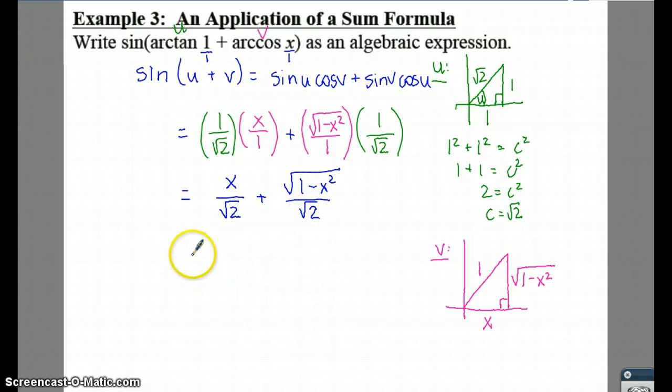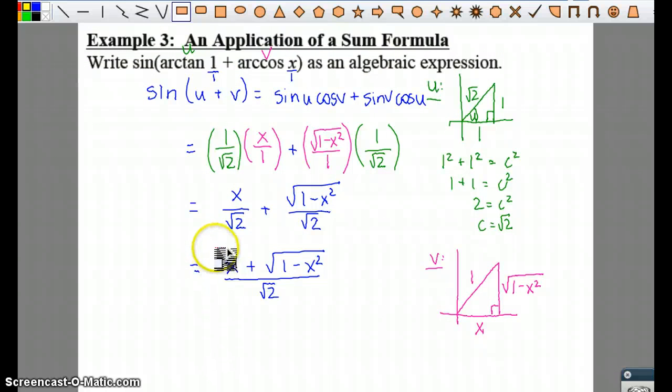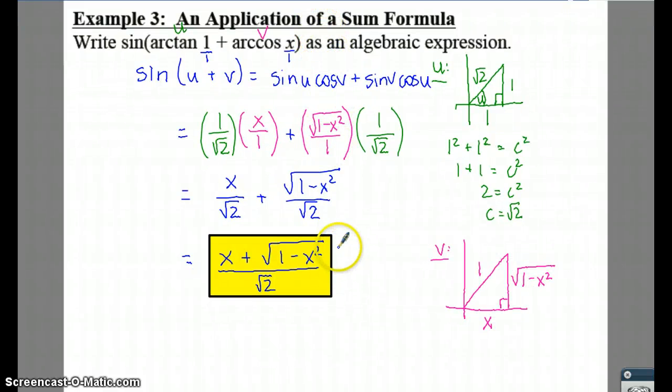So we're just going to write our final answer as x plus radical 1 minus x squared all over radical 2. And that is how you can find an algebraic expression, not necessarily a numerical expression like we found in example 2. That's how you can find an algebraic expression for a given sine of u plus v.